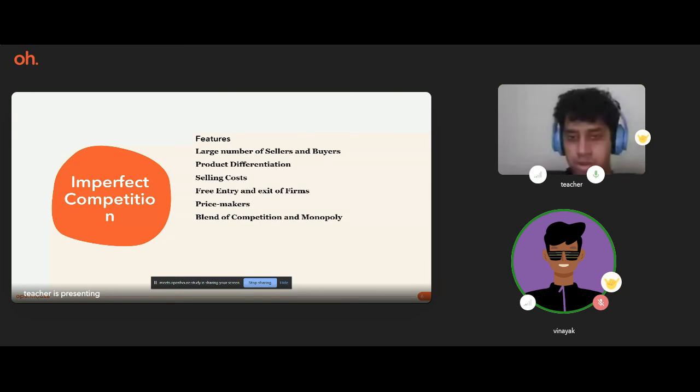So selling costs based on this product differentiation are different. For example, when Sony Xperia came up with the waterproof phone, people went crazy because no one in the world had seen a waterproof phone. Take the GoPro cameras: if you take a Sony DSLR and put it in the water, it's gone basically.